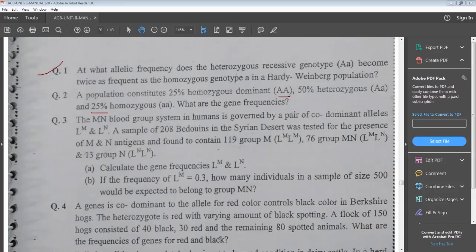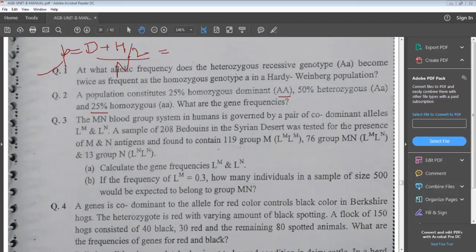I had already given you the formula: P is equal to D plus H by 2 by N. Okay, this is for P.